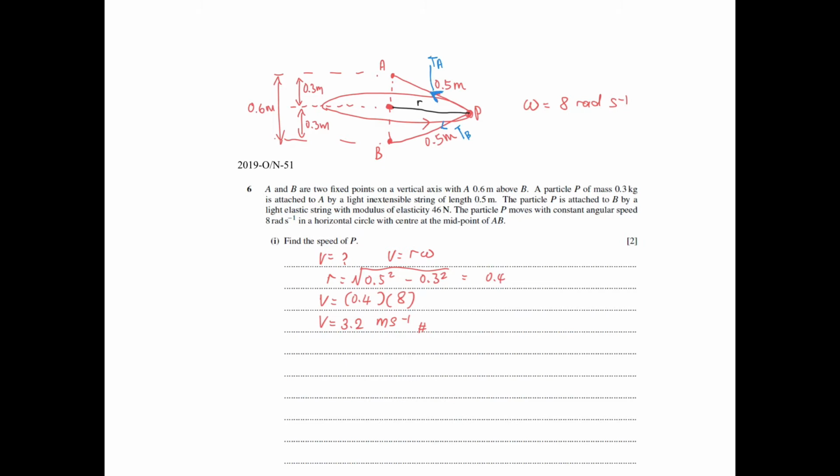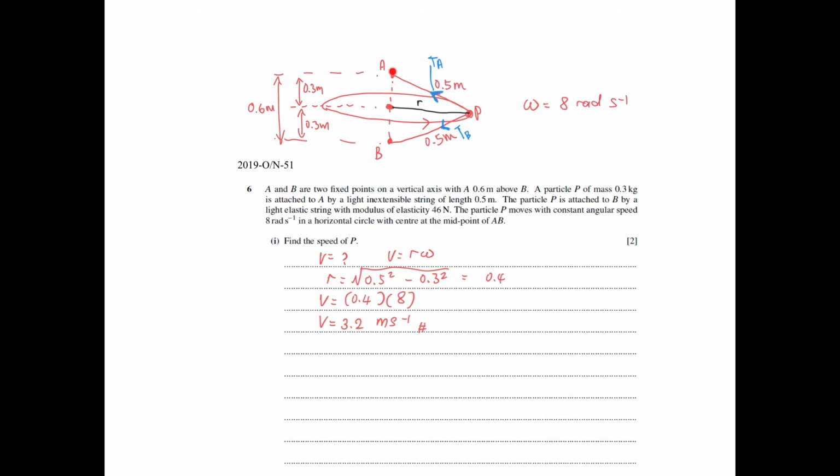The other thing that we have to know is the particle P is revolving in a horizontal circle. If it revolves in a horizontal circle, what is clear is the component of the tension which is vertical. Imagine you resolve TA into a horizontal component and a vertical component.